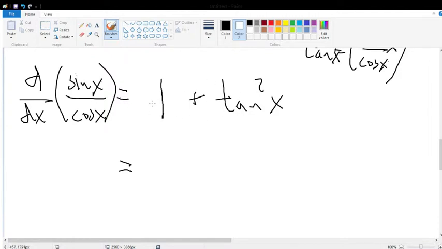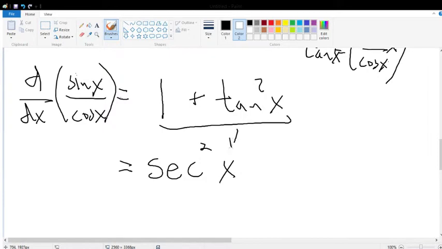That is a trig identity, and it's equal to secant squared of x. So it's alright if you can't get from this portion to this portion right here.